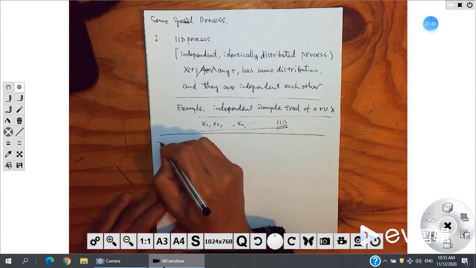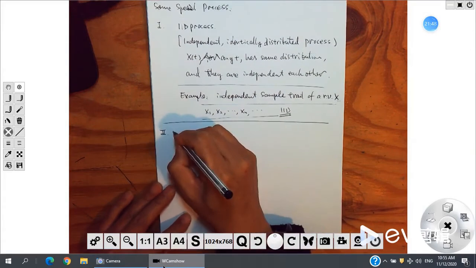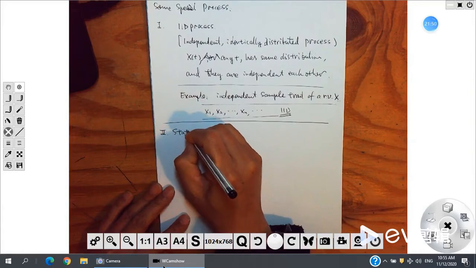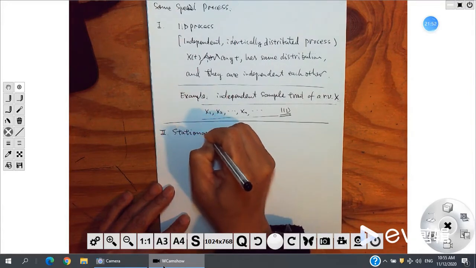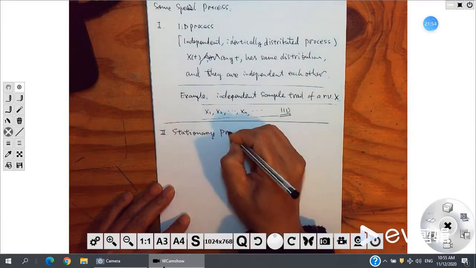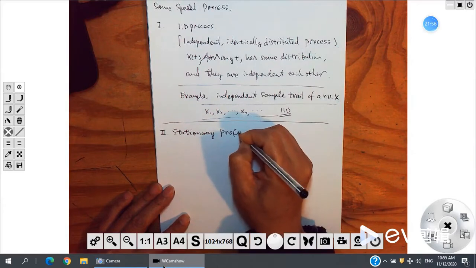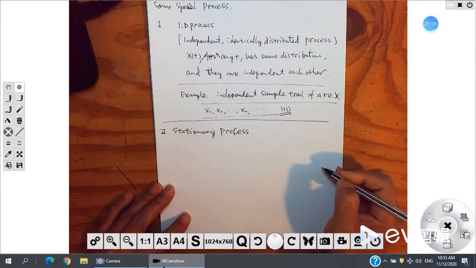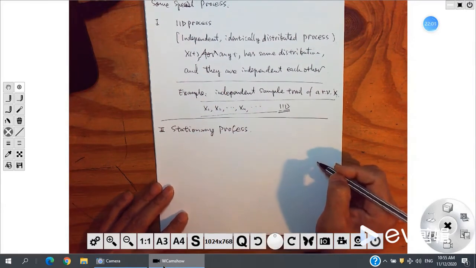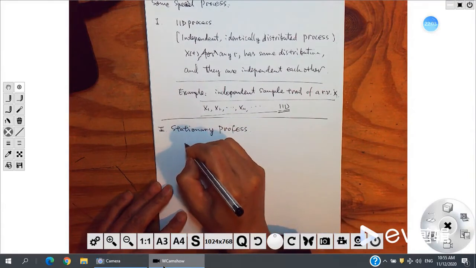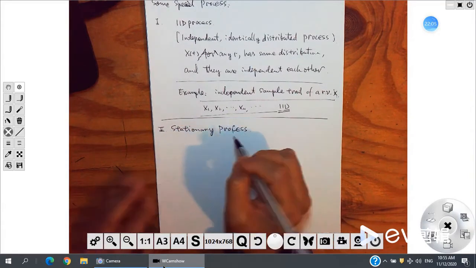And the second one, we say it is a stationary process. Stationary process means they have the same distribution when time is different.